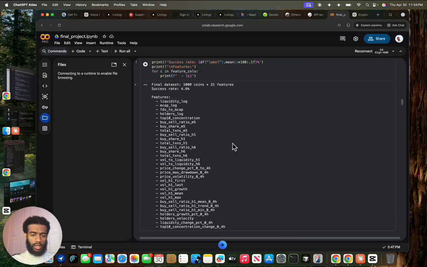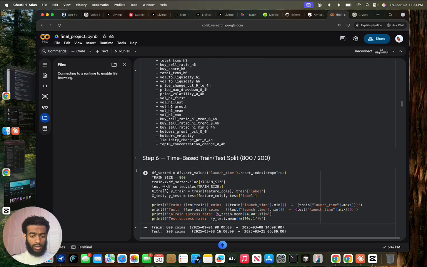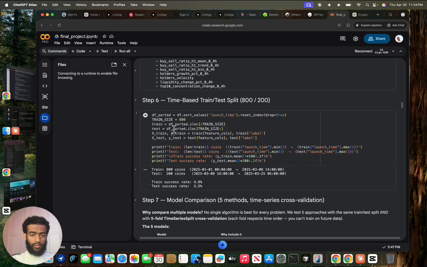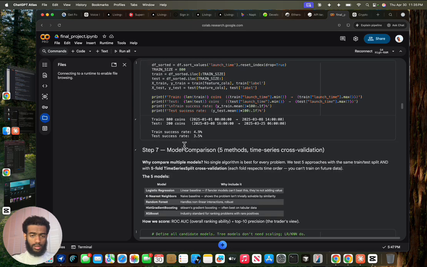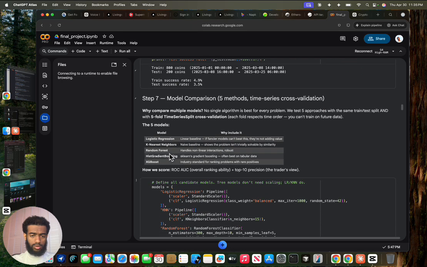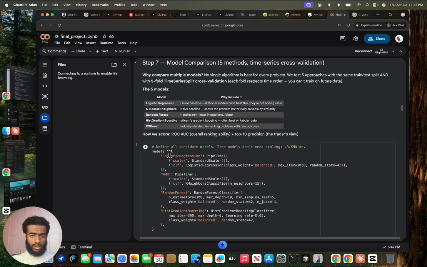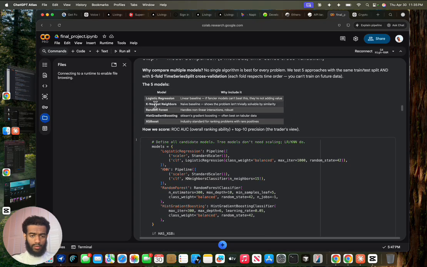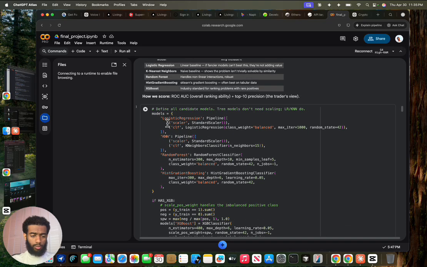After we join the labels, we make sure that data joins and everything like that. We begin to train the model. And we get the training success rate, the test success rate, and we begin to use the 5 different models to see which one would perform the best.